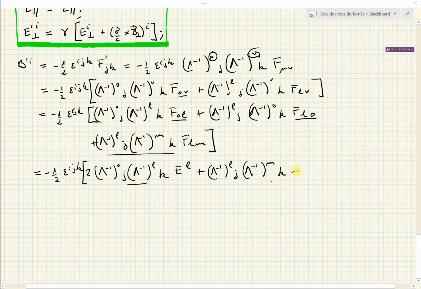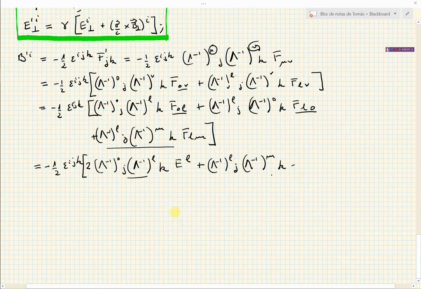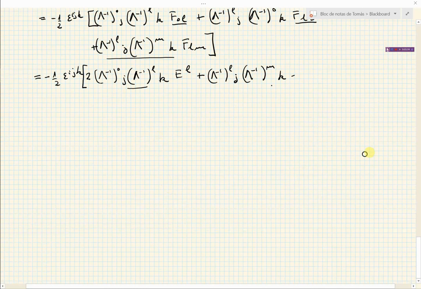It is minus epsilon LM, and I need another index like this. So I change this sign, I remove this parenthesis, and I close the brackets.